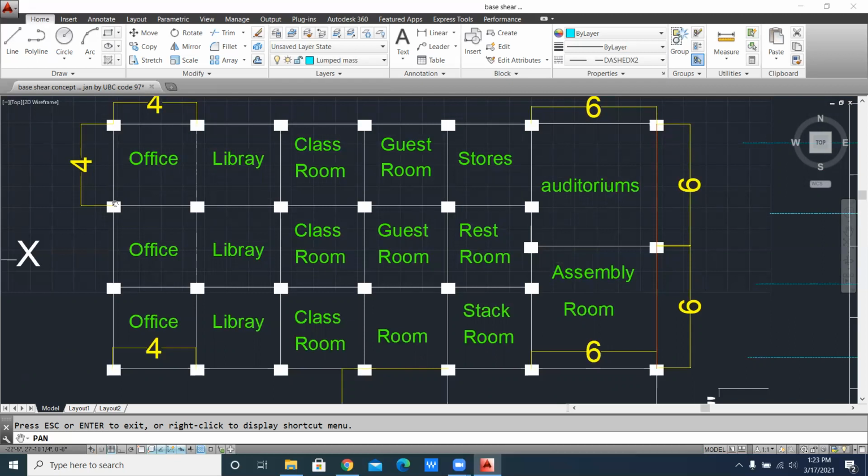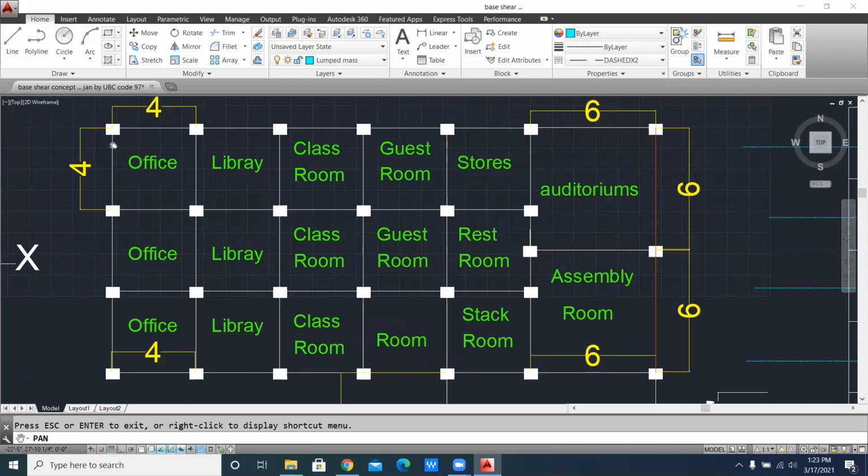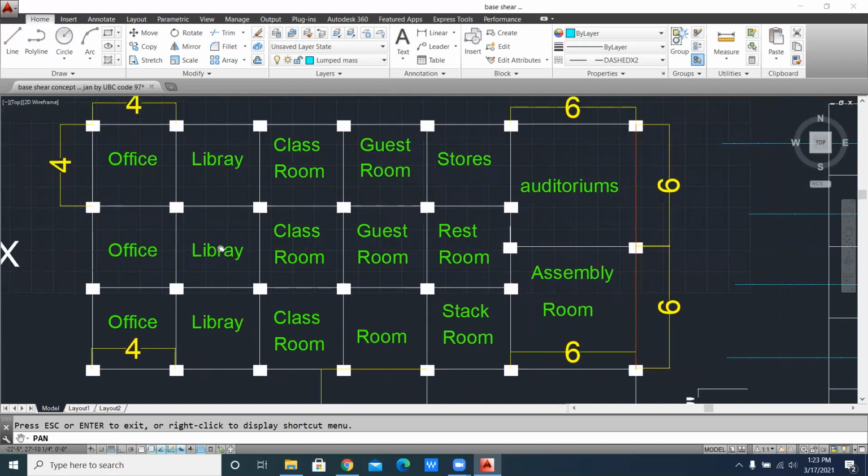Whereas dead load is the load of the structure itself, because in SAP 2000 whenever you give the value as 1, you say that it has a self multiplier of 1. What is meant by self multiplier 1? It means that the self weight is already calculated by the software.